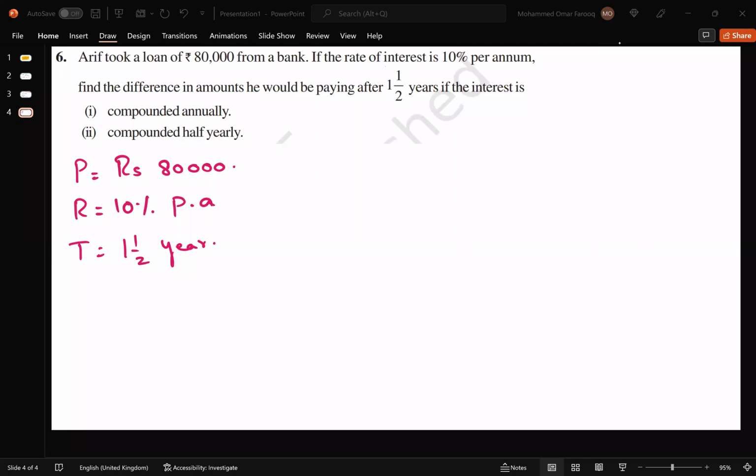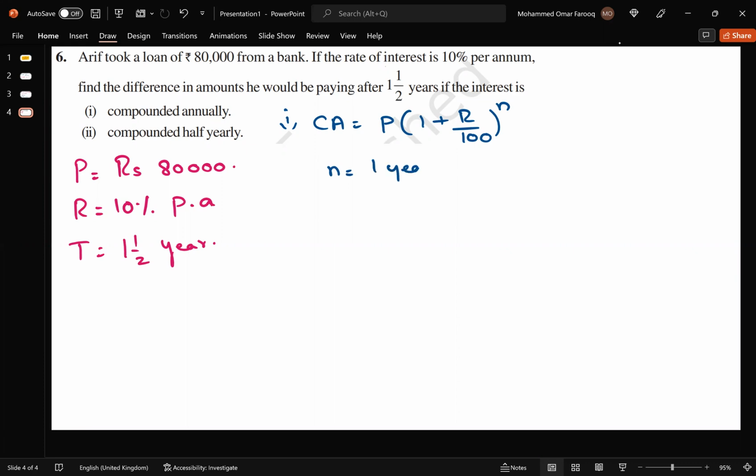So let us go to the question. Let us do the first bit, that means compounded annually. We know that compound amount equals principal multiplied by (1 plus R by 100) whole to the power of N. First, let us find compound interest for 1 year.